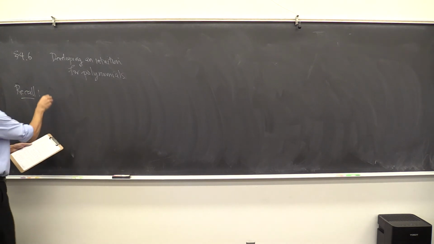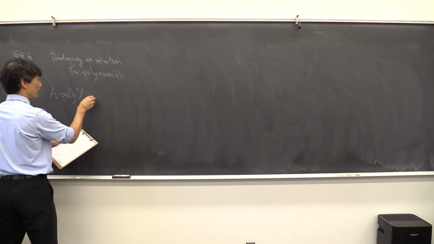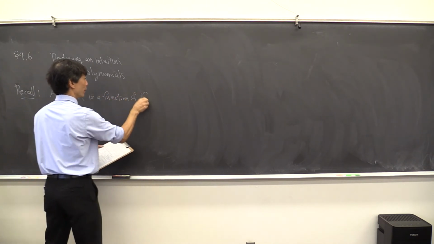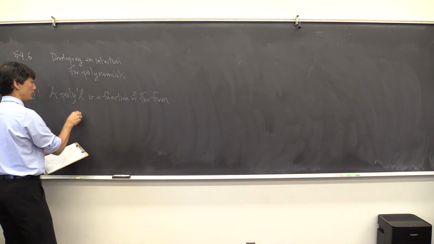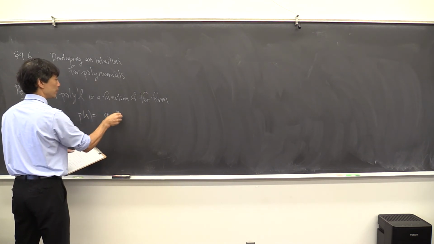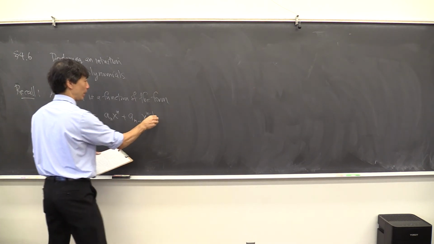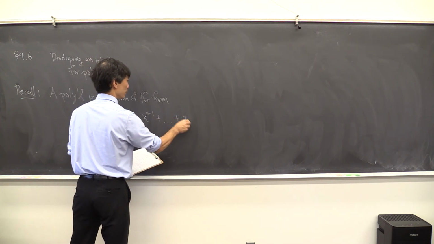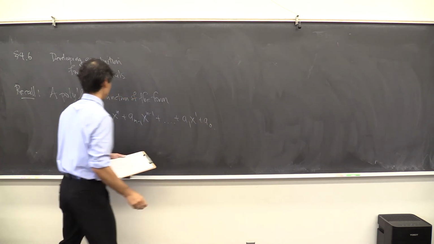Okay, so just some terms. A polynomial, which I'll always abbreviate like this, is a function of the form p of x equals some constant times x to some power, plus some other constant times x to one less power, plus all the way down to a1 x to the first power plus a0.